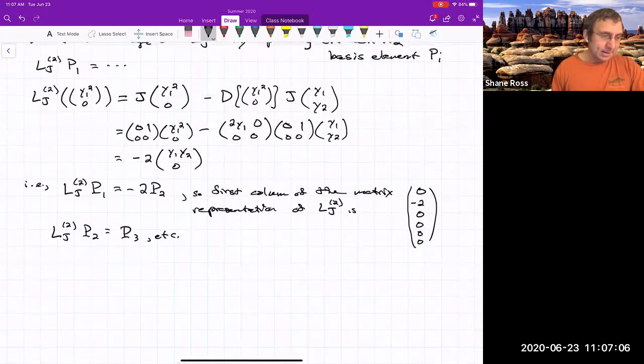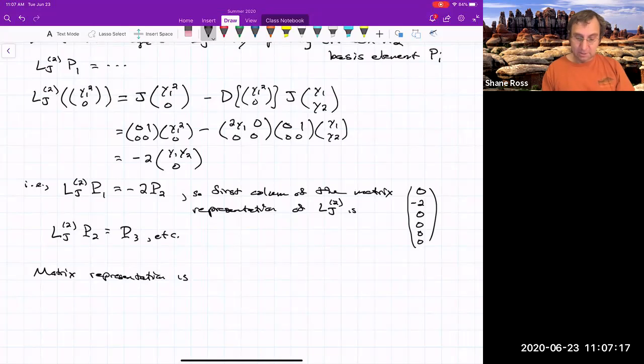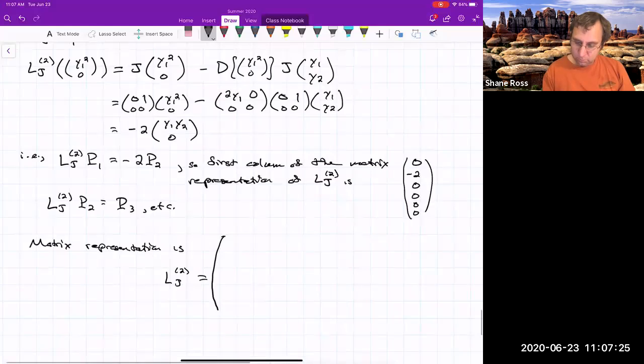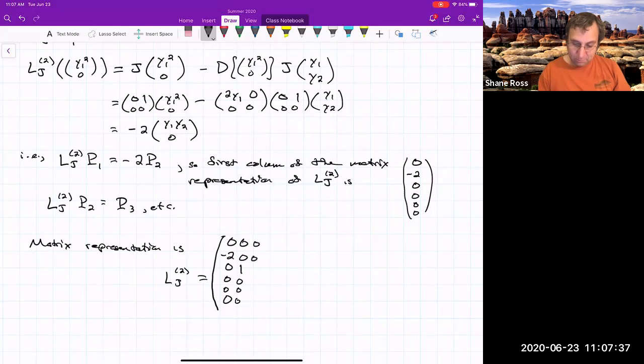So then I'll just give you what the matrix representation is. It's going to be a 6 by 6 matrix. 0, minus 2, 0, 0, 0, 0, 0, 0, 1, 0, 0, 0. And then a column of all zeros. So we know this thing isn't full rank. 1, 0, 0, 0, 0, 0.